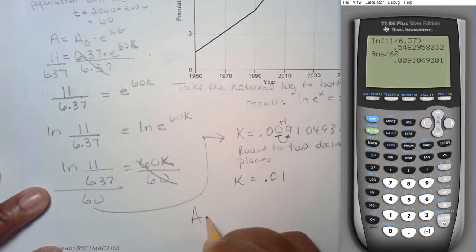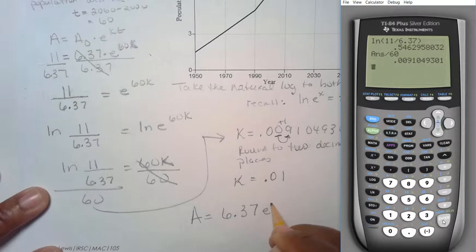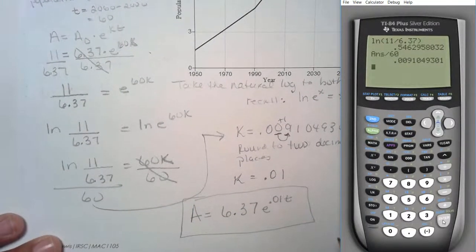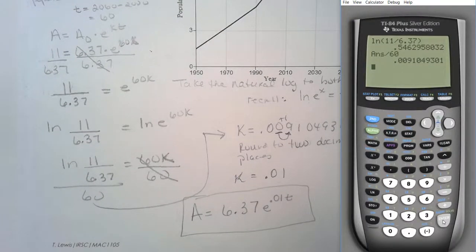A is equal to 6.37 times e to the 0.01 times t. This is our equation. This is the answer to part A of this question.